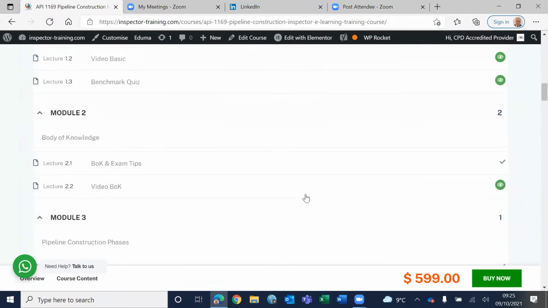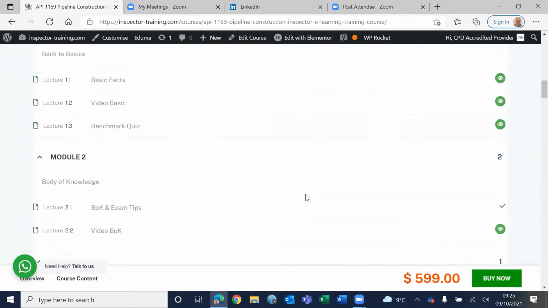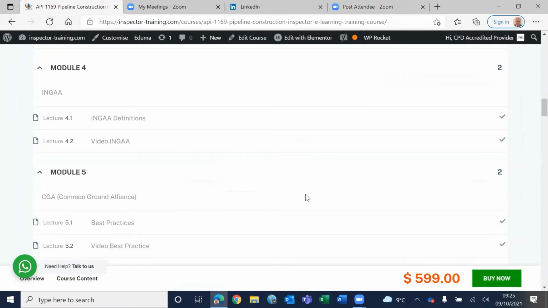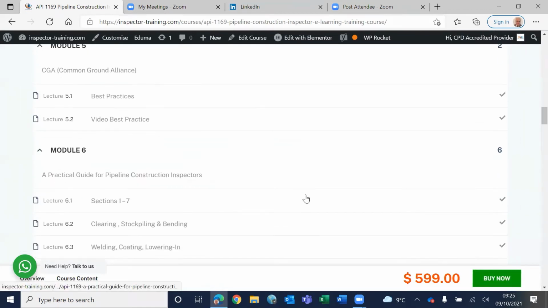Okay, so if we go back to continuing our course. You should know about INGAA, what the definitions are, and the Common Ground Alliance. So practically, Common Ground Alliance is all the pipeline manufacturers, all the relevant entities or interested parties, they get together and come to a set of agreements.